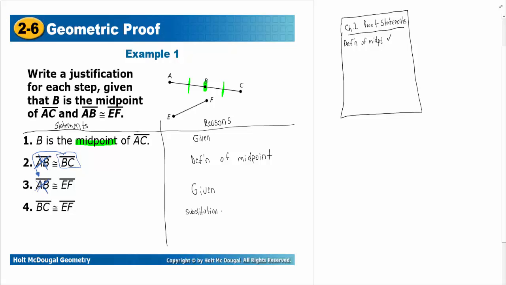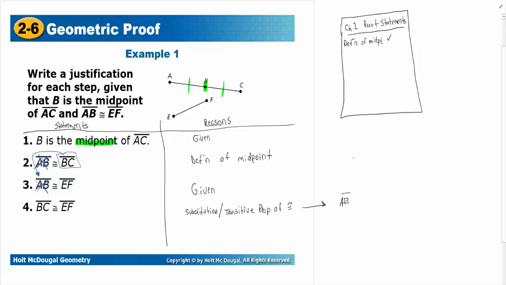You'll notice that substitution is mostly used when you're plugging into an equation. This one isn't technically an equation. What they could be using in this case is the transitive property, because it's congruence. So you write that out, transitive property of congruence. If you don't know what that means, this is basically what we have.